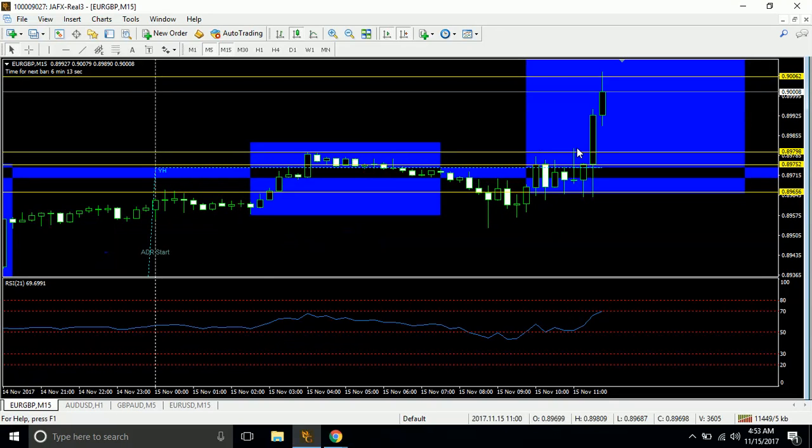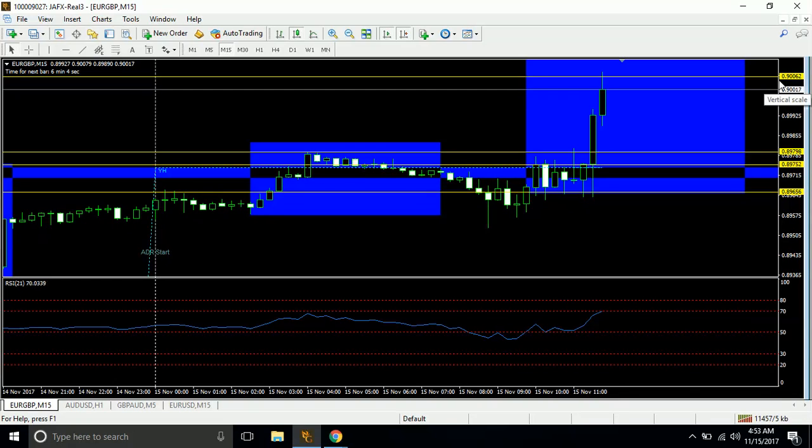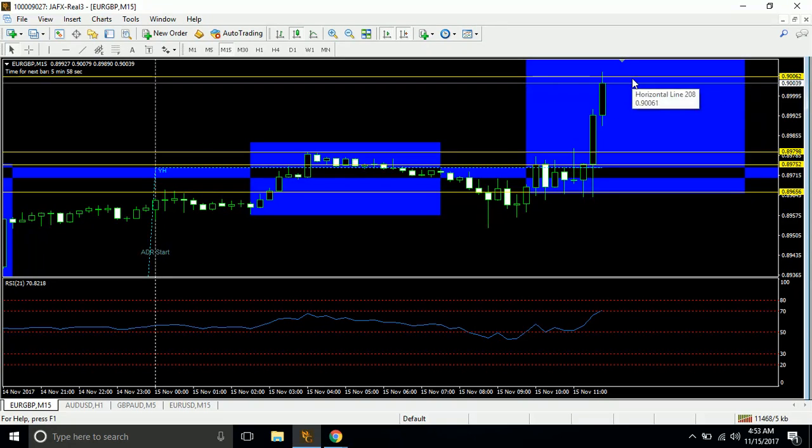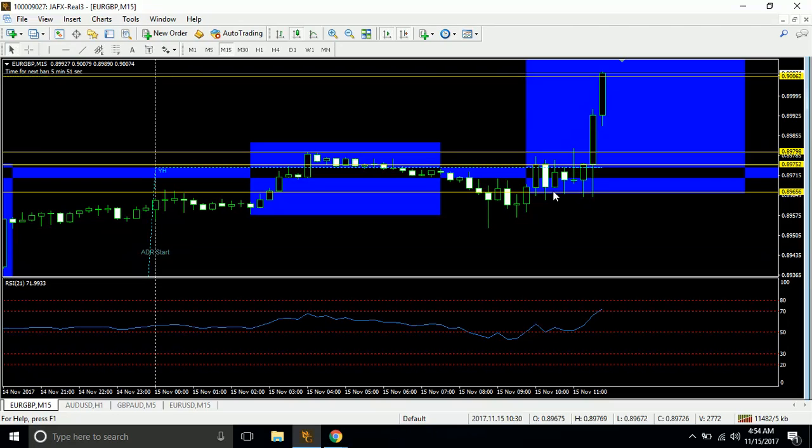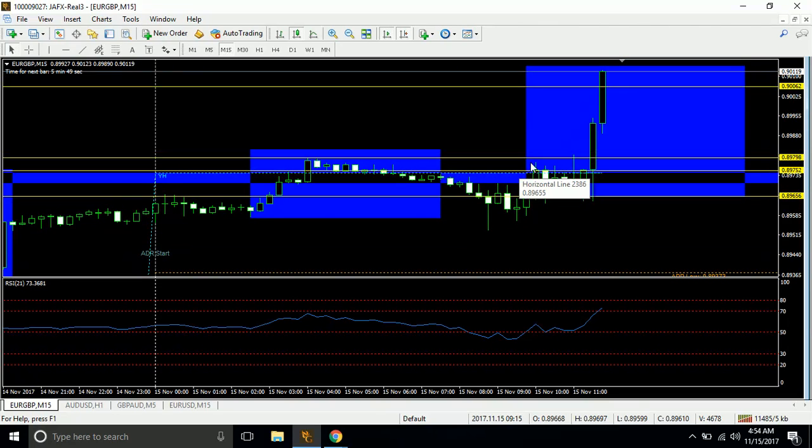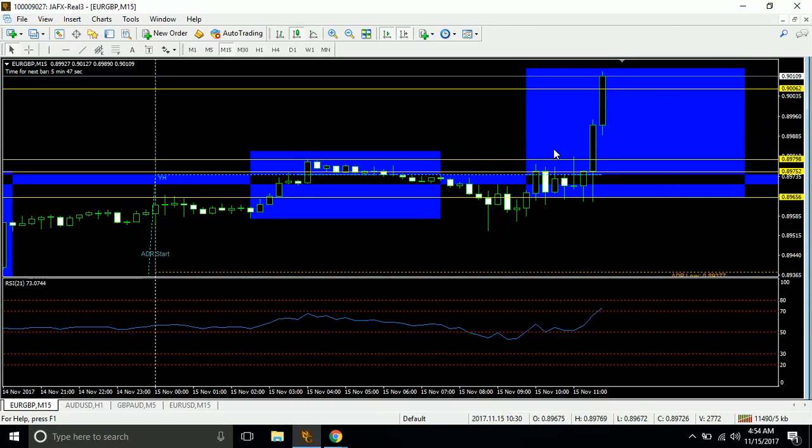But now you see here how we came to that next level up, and now if we get a solid push here, a solid reversal candle, we're still coming down. Essentially what we did was we just hit everybody who was selling, we just hit their stop loss.